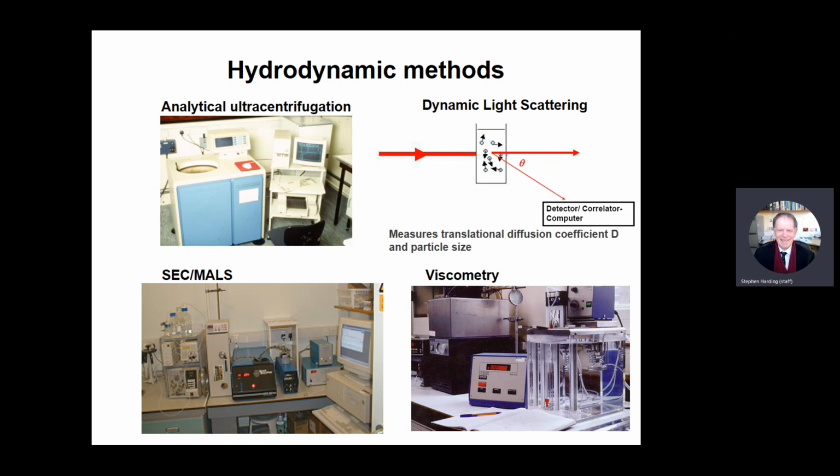It's not usually a problem at dilute solution, but it is at higher concentrations. Then at high concentrations, you can't use absorbance because of the limits of the Lambert-Beer law.